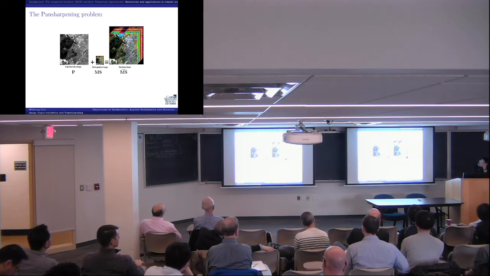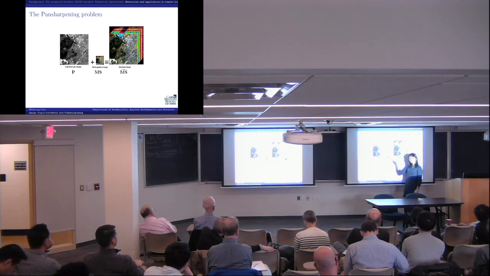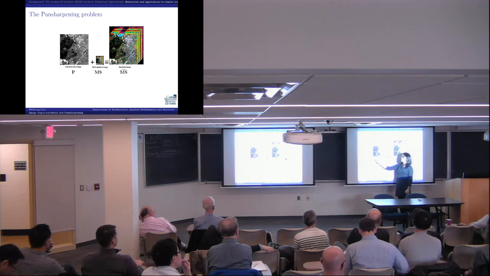So pan-sharpening is talking about remote sensing data from satellite. You have a multispectral image, like different colors, red, green, near infrared. You also have a panchromatic image. So they have two devices to take the image of the same thing at the same time. The panchromatic image is black and white, grayscale, and has a better spatial resolution.